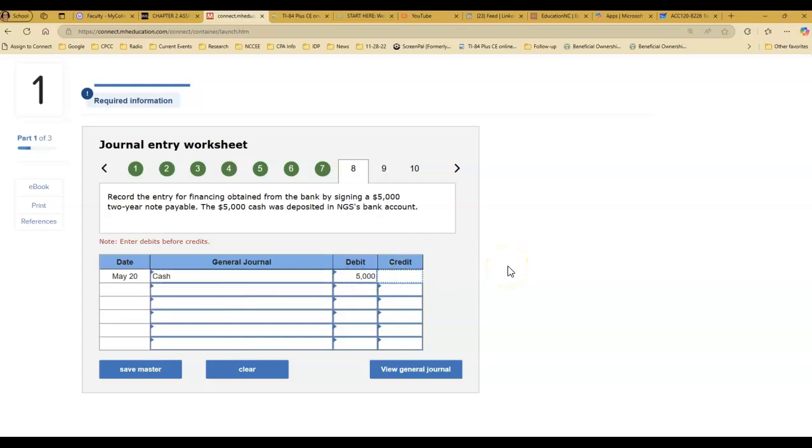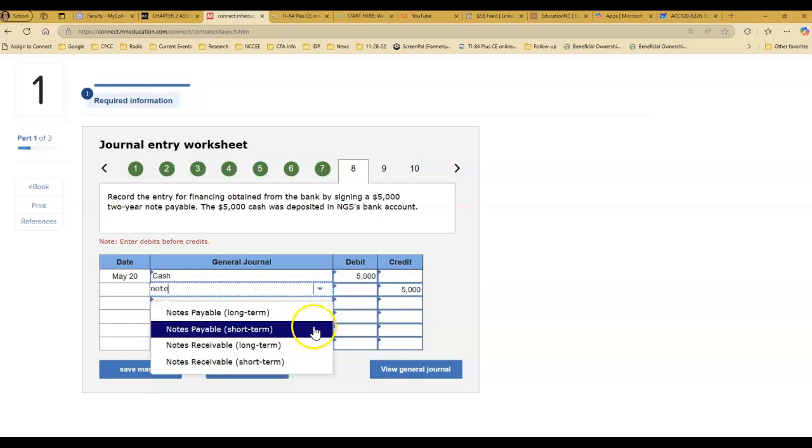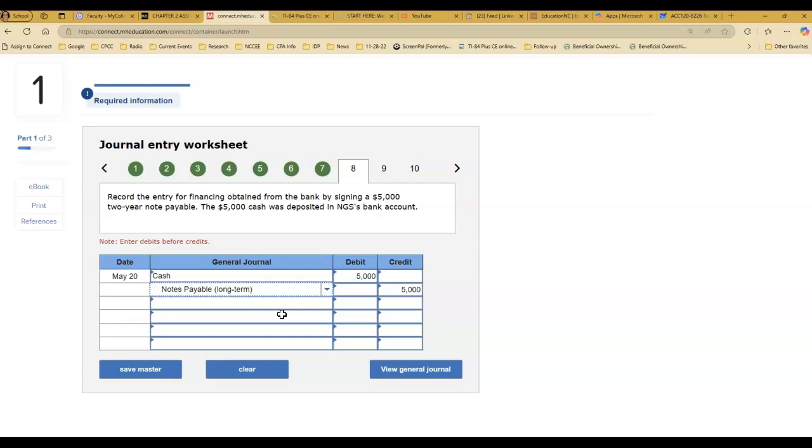All right. How many more accounts are being affected? 1. So go ahead and give me a credit of $5,000. What is that account? Good. Notes payable long term. Okay. And what made you choose long term? Good. It's over a year.